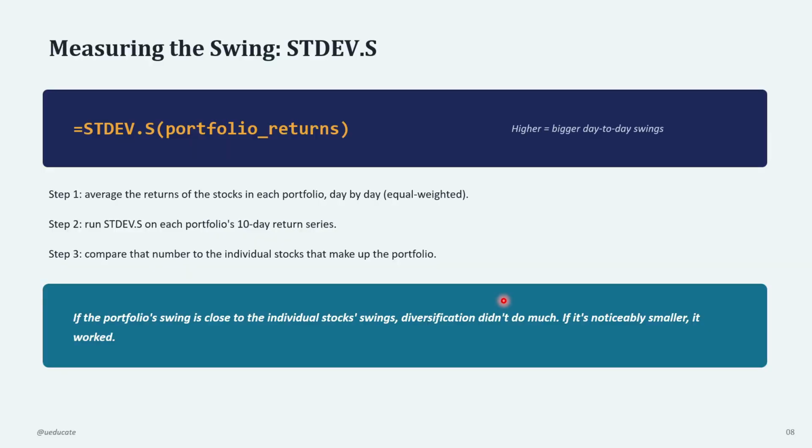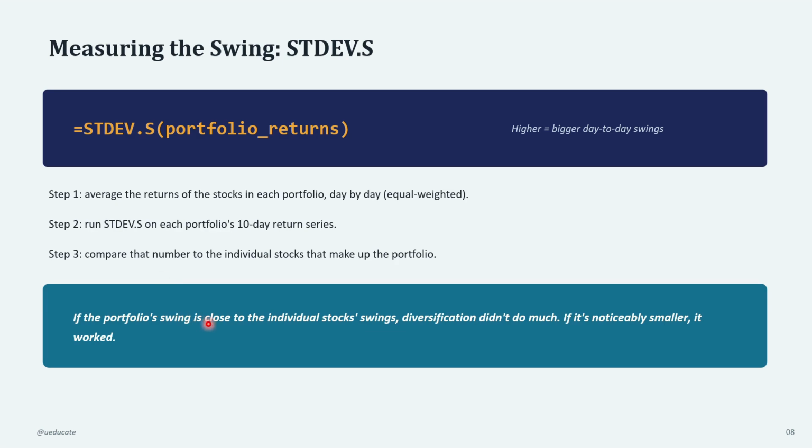Then we take the standard deviation of the portfolio returns of the concentrated and the diversified portfolios. Higher means bigger day-to-day swings. We average the returns of the stocks in each portfolio day by day, run the standard deviation on each portfolio's 10-day return series, and compare the number to the individual stocks that make up the portfolio.